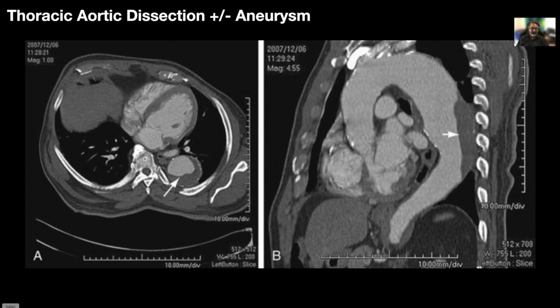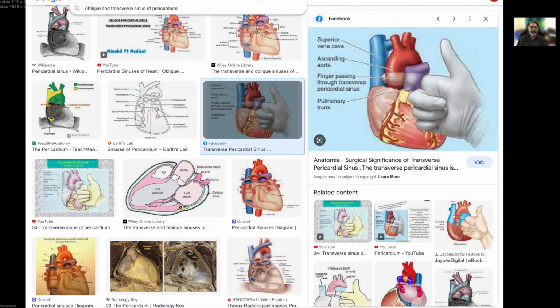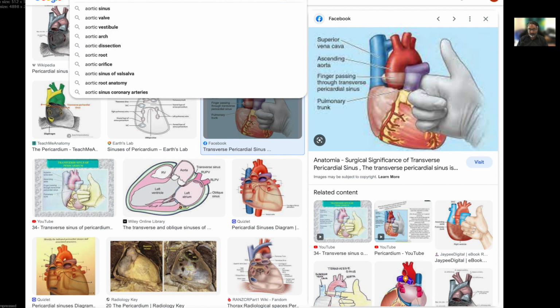I don't know this exactly, but the difference is a dissection is just a cut in the lumen, and then fluid starts filling in when the lumen gets damaged. Yeah, inside the wall, absolutely. But that will lead to an aneurysm. Aneurysm is a dilation. Any dilation.